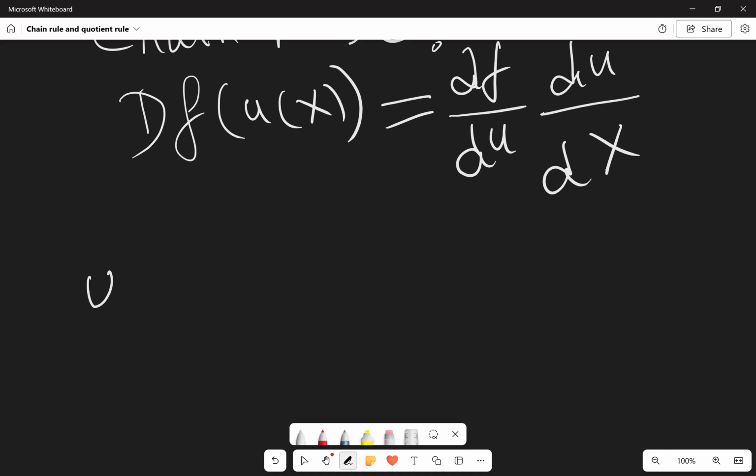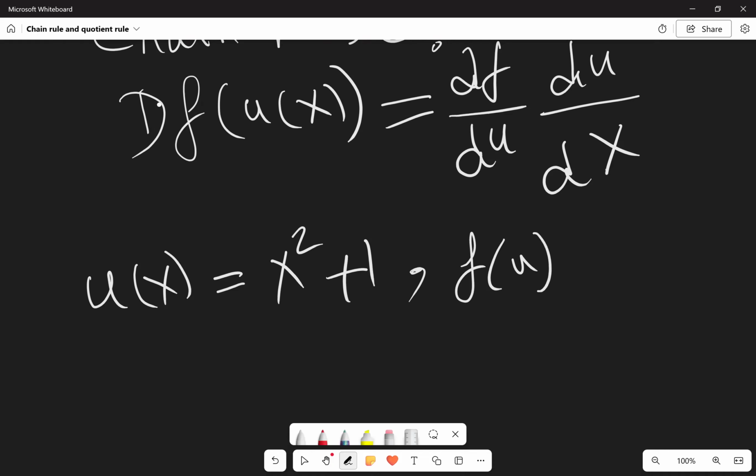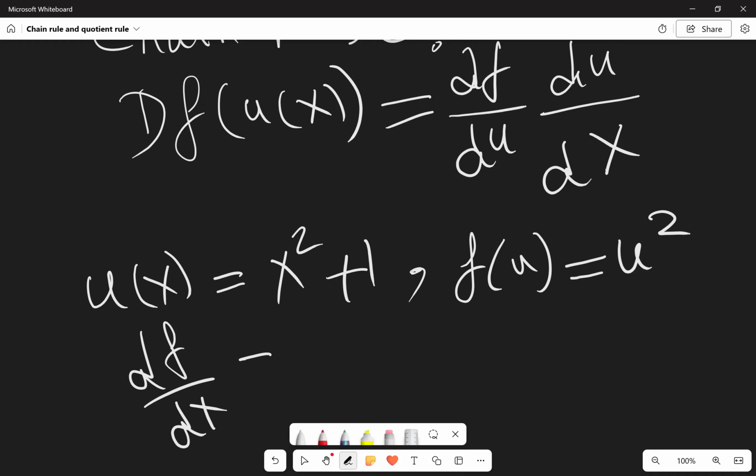If we have u as a function of x equal to x squared plus 1, and f of u as a function of u is equal to u squared, then the derivative df by dx is equal to df by du, and looking here, this is the function, so its derivative is 2u, times the derivative of u with respect to x.